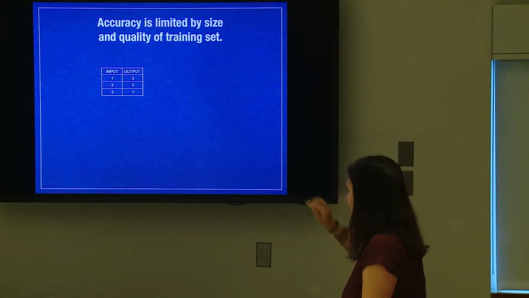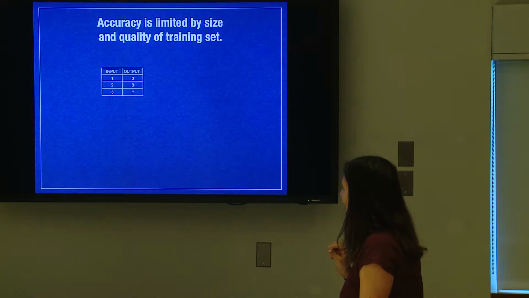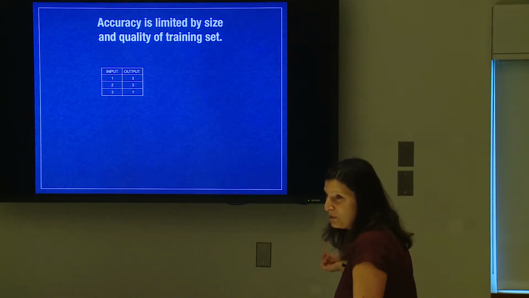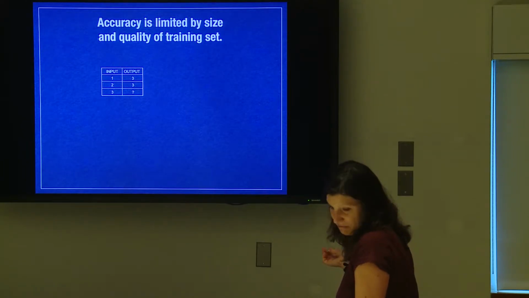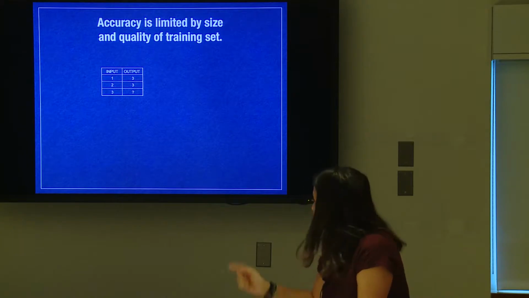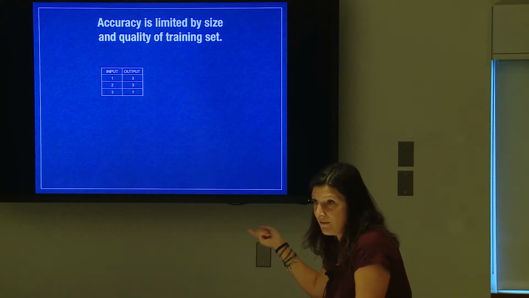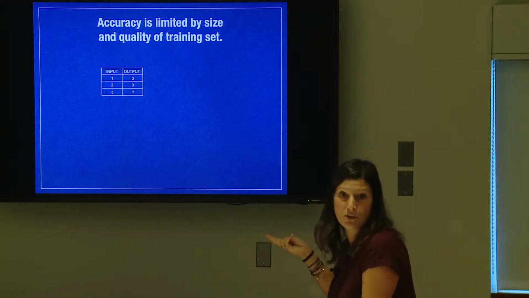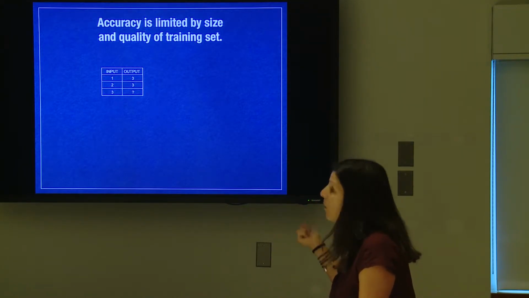Say, for example, I give you this training set where you know the rule: input is 1, output is 3; input is 2, output is 3; input is 3, output is 3. But that's not the case, otherwise it would be too simple. This is a case in which the training set I gave you was poor both in size, it's only 2 examples, and in quality.